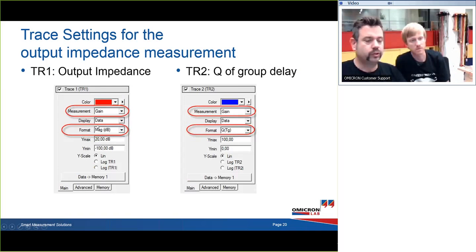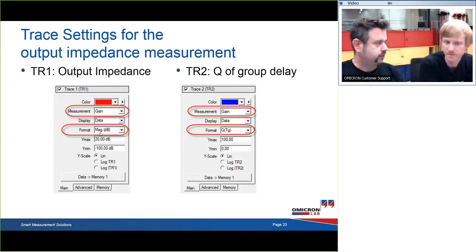If you want to see the output impedance in ohms, you just choose magnitude, and then you can use a logarithmic scaling for the y-axis of trace 1, so that you can still see the same curve, but the advantage is that you can use your cursor directly to read the impedance value in ohms.